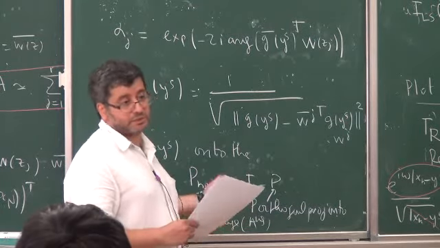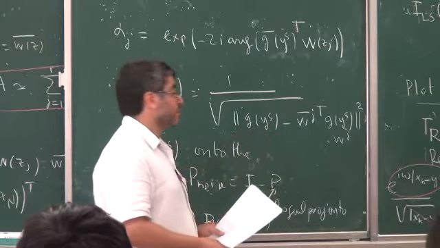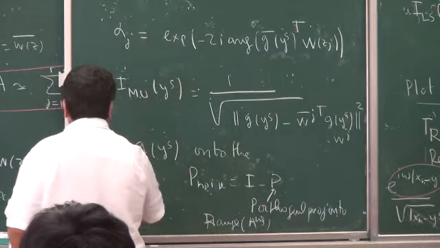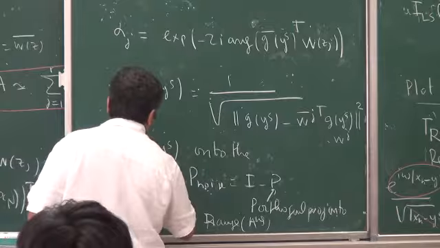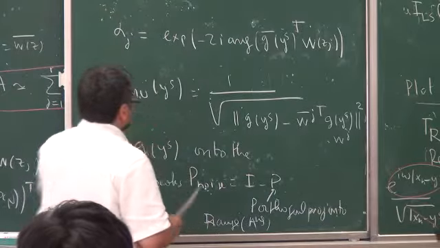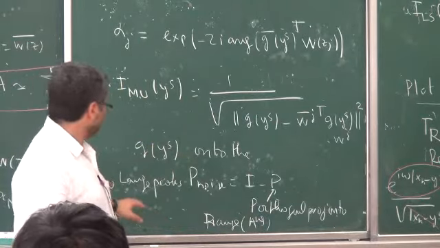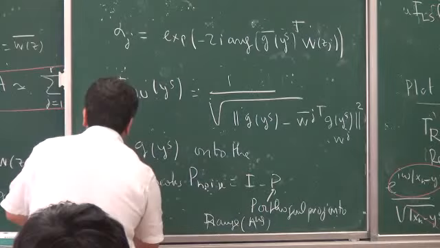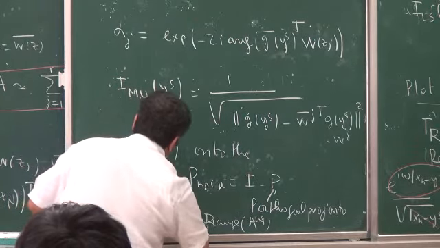It's not infinite because you do not divide by 0. You divide by something very small. So A MUSIC will get large peaks. Because of this choice, it's nothing else than the projection onto the noise space. And it will have large peaks at the location of the reflectors.